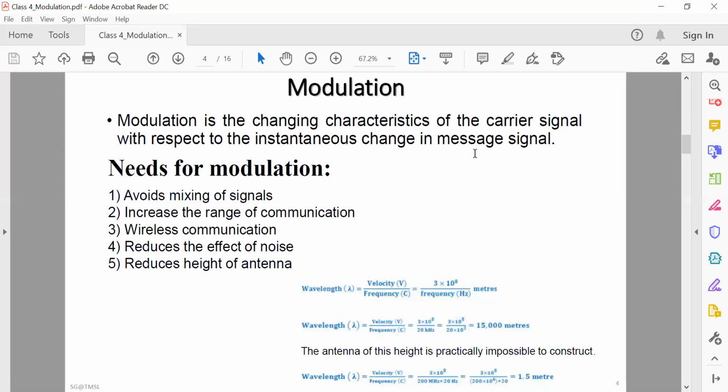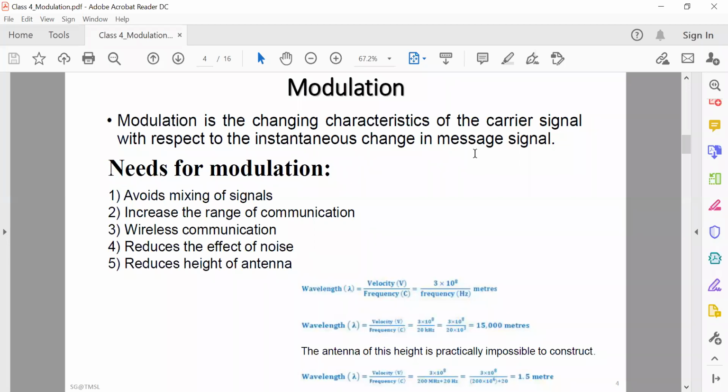In the modulation process, characteristics like amplitude, frequency or phase of the carrier signal are changed in accordance with the amplitude of the message signal. The device which is used to perform this modulation is called the modulator.